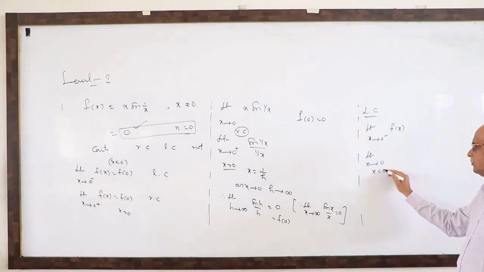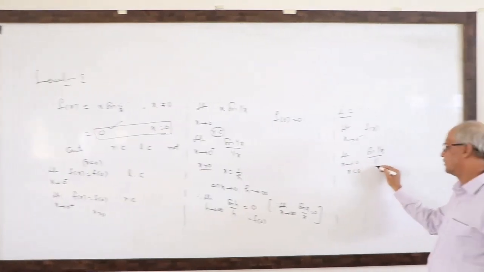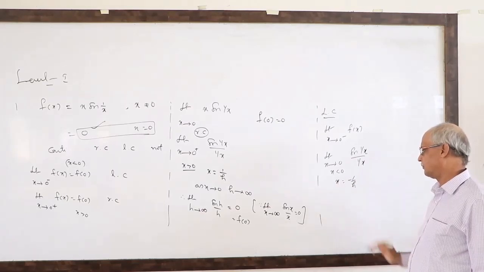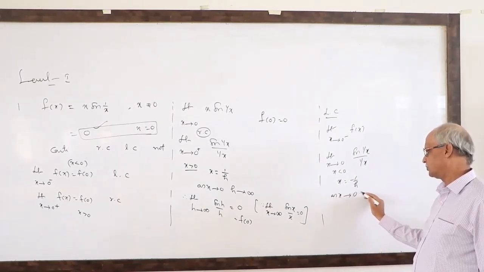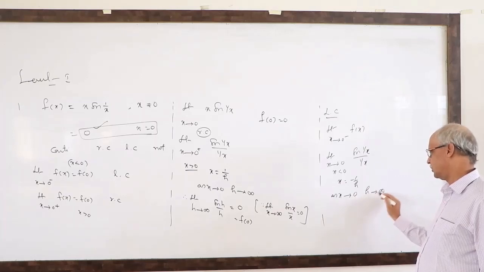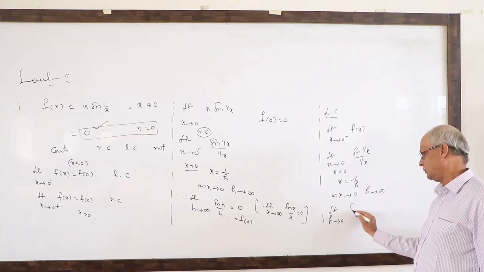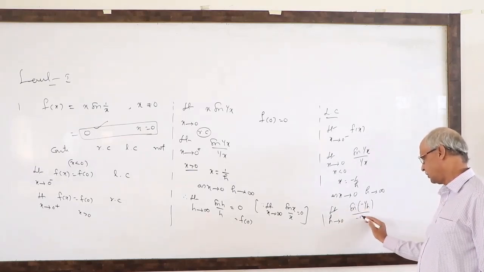x less than 0, sin of 1 by x by 1 by x. When x is negative, substitute minus 1 by h. Again, for the same reason as x tends to 0, h tends to infinity, therefore limit h tends to infinity, sin of minus 1 by h by minus 1 by h.